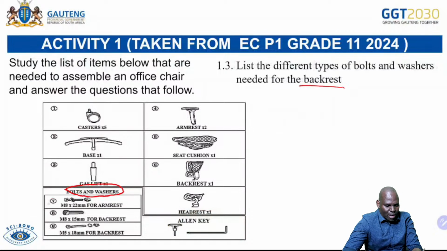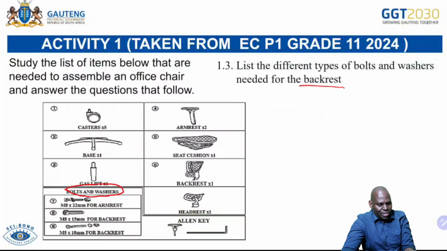These are the bolts and washers. You can see that this is for the armrest, and this is for the backrest, and this one is also for the backrest. But if you look, the sizes are not the same.